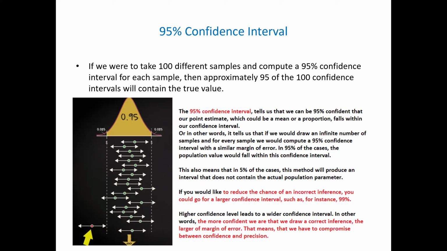Approximately 95 of those intervals will contain the true population value. That is, you are 95% sure. You are not 100% sure.